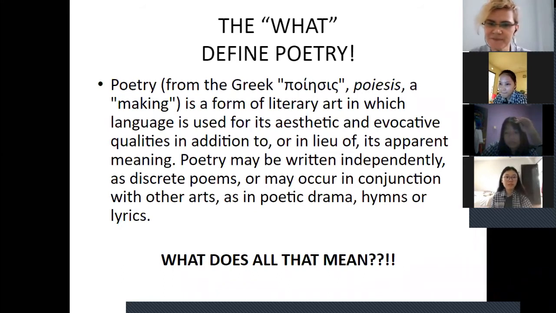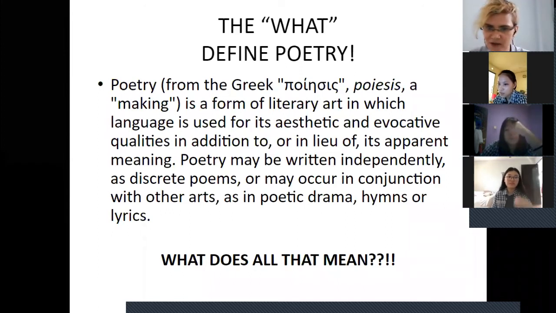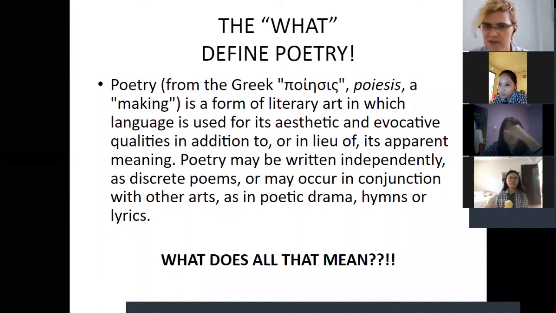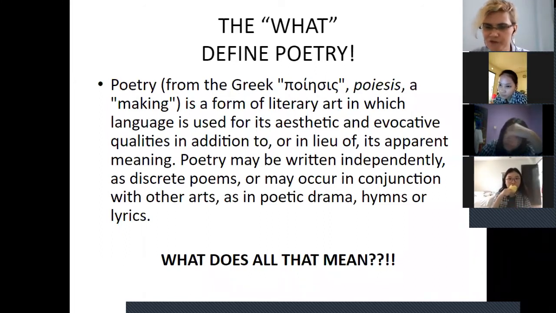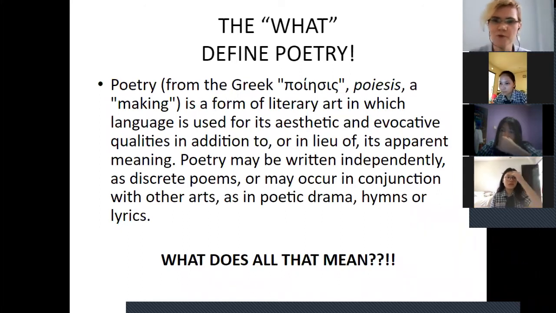Poetry may be written independently as discrete poems, or may occur in conjunction with other arts, as in poetic drama, hymns, or lyrics. So sometimes poetry can be involved in music or drama, combined with other art forms. And just so you know, the lyrics of a song are poetry.